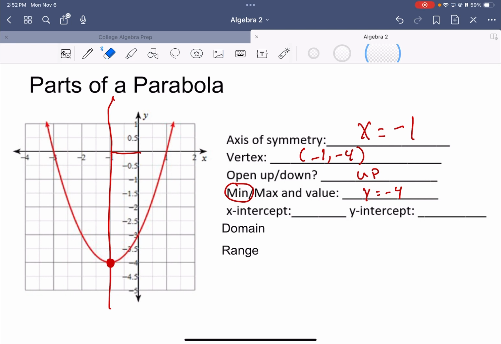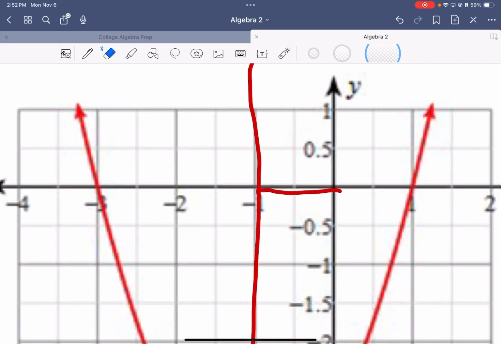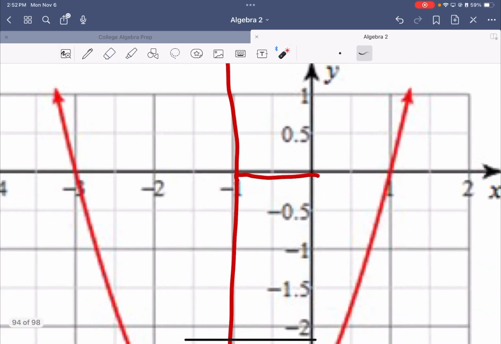The next two things are the x-intercept and the y-intercept. And right now, the only way you could find them is by looking at the picture and understanding what it means to be the x-intercept and the y-intercept. The x-intercept is where your graph crosses the x-axis. So if we look at this parabola, it crosses the x-axis twice.